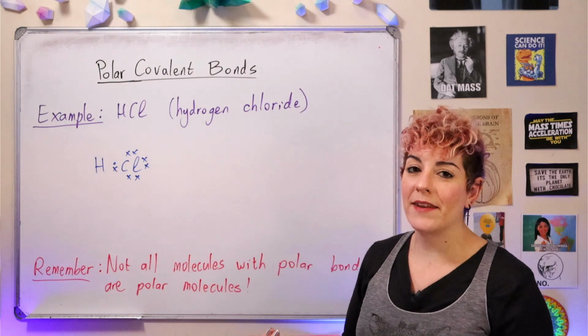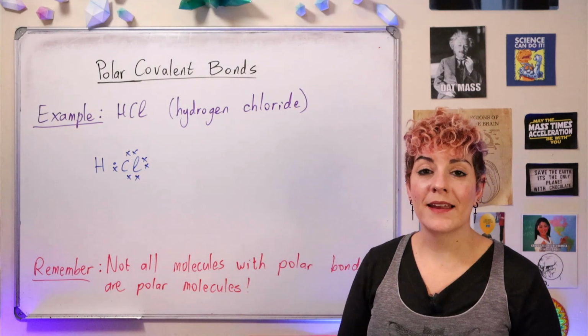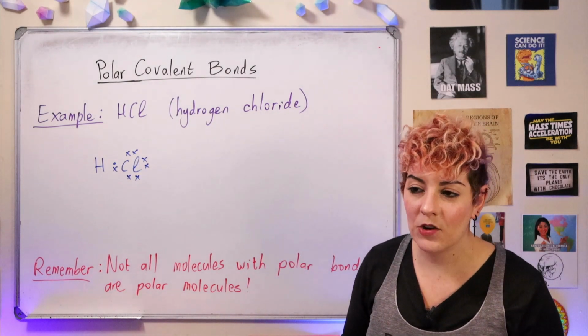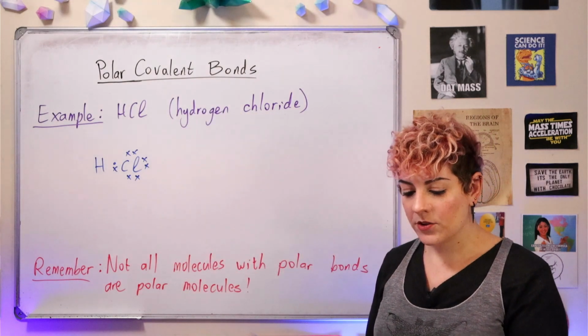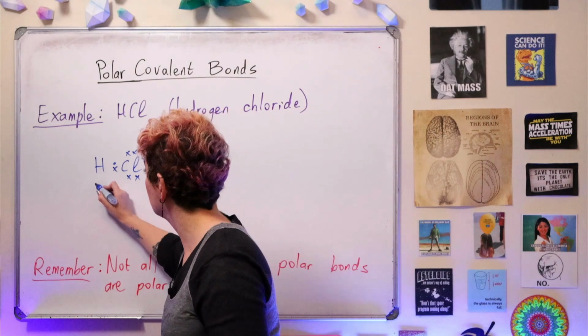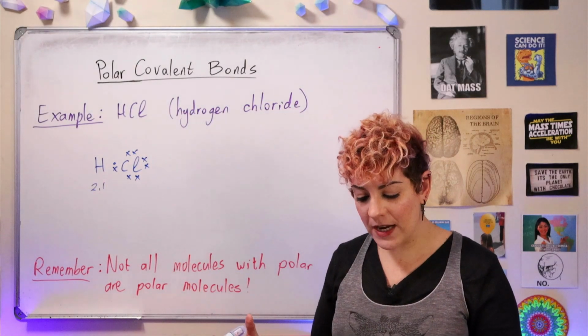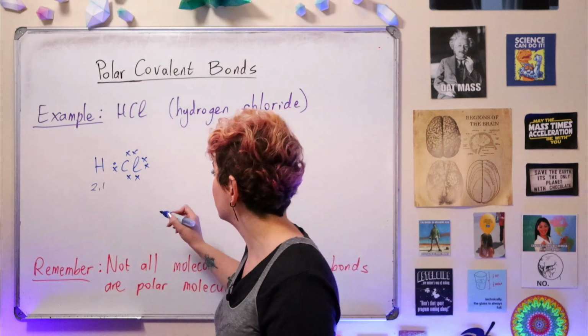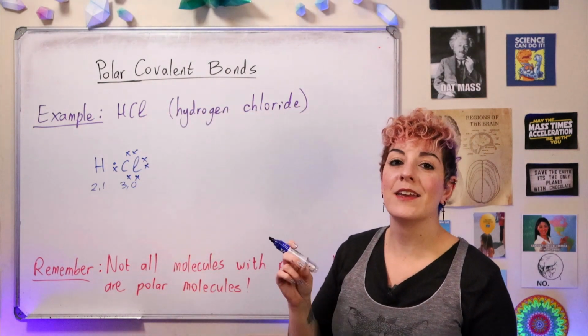It does not matter. Right, so now the Lewis diagram will be a place where I can label electronegativity values, and I have my periodic table with me. So for hydrogen, the electronegativity value is 2,1. I'll just add it here underneath. And for chlorine, it is 3,0. Remember, electronegativity values do not have a unit.